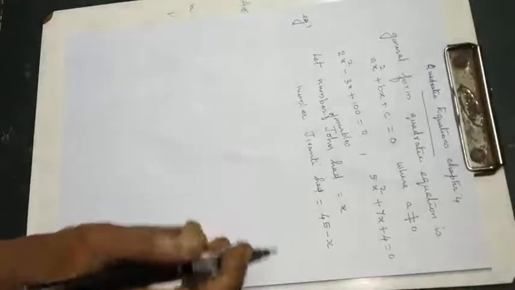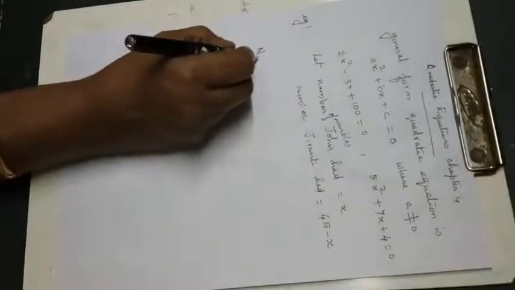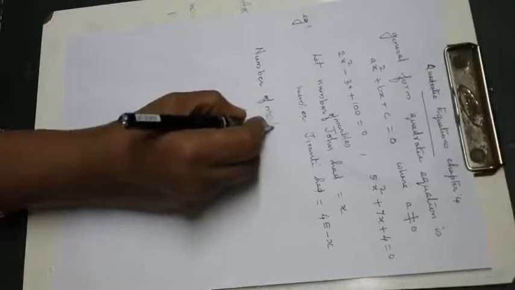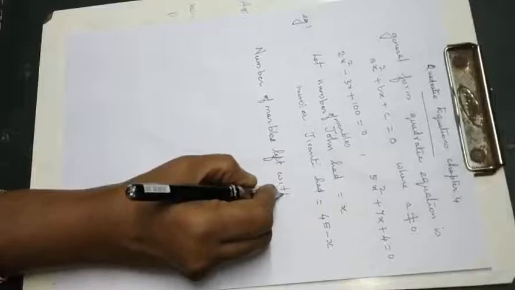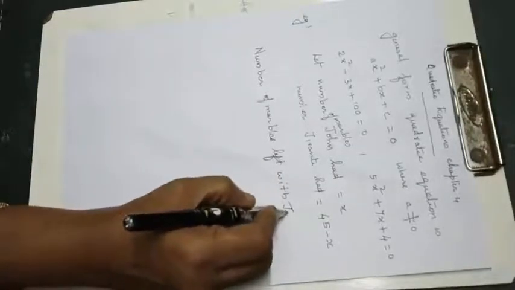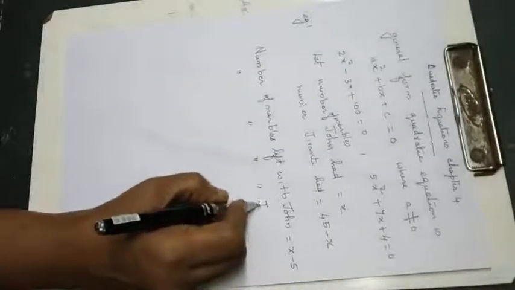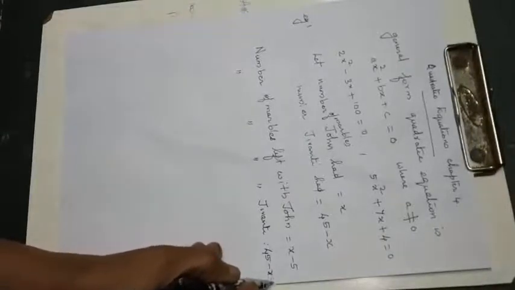So after losing, the number of marbles left with John will be x minus 5, and the number of marbles left with Jivanti will be 45 minus x minus 5, that is 40 minus x.